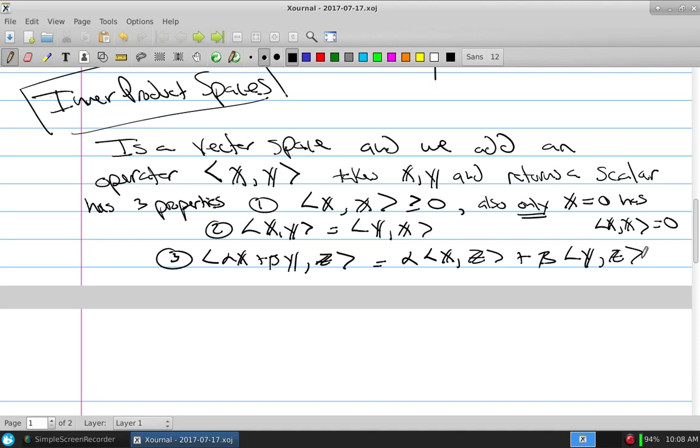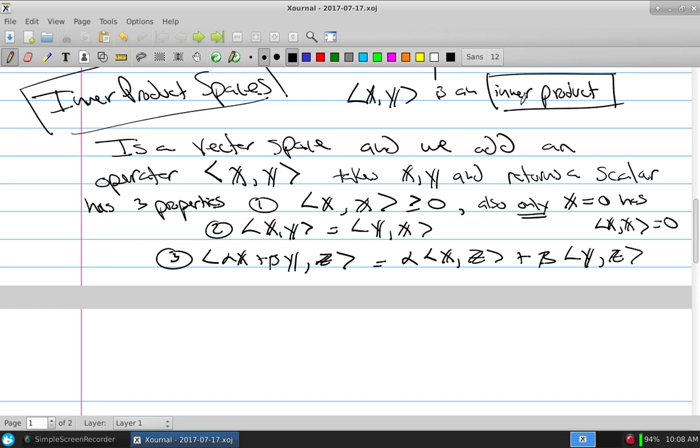And we define to say that any operator that does these three things is an operator that is useful for magnitudes and angles. Any such operator is called an inner product.